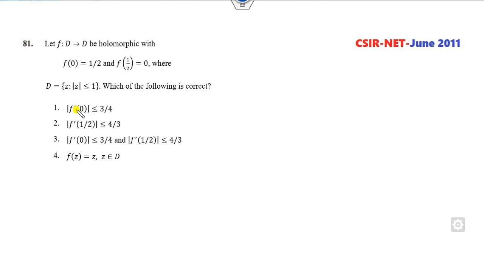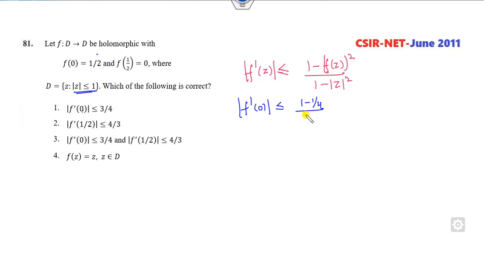So remember, this is a simple shortcut formula for you to find the derivative values. Again, this is the same case for you. So I can use again this formula. Remember, this is less than or equal to 1 minus of this divided by of here. So what is that? 0. Remember, this 0 lies in this. So what is the f dash of 0 modulus? What is f of 0? Half. So numerator is 1 minus 1 by 4, 1 minus 0. So it is 3 by 4.